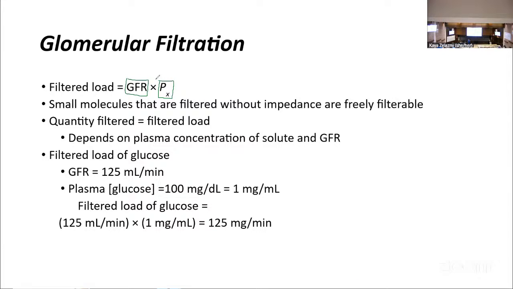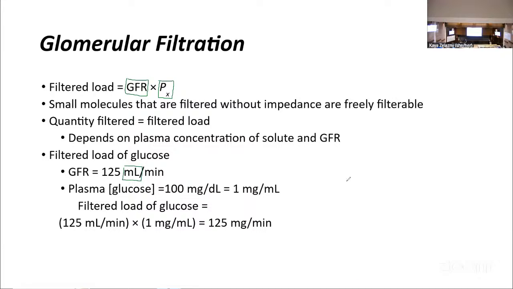And that concentration happens to be about 100 milligrams per deciliter, which we could convert to get 1 milligram per milliliter. We would do that conversion in order to match the units we have on our glomerular filtration rate, right?